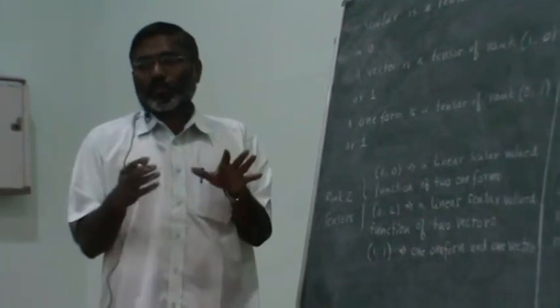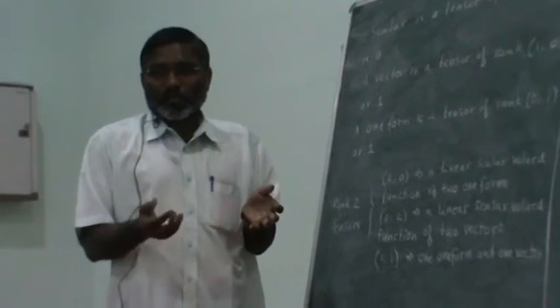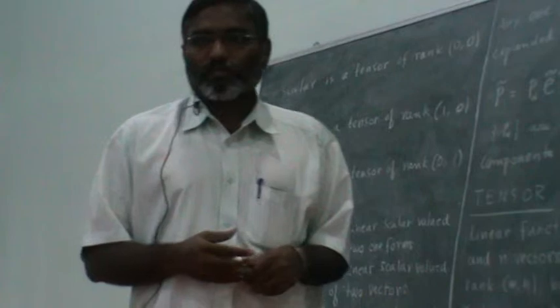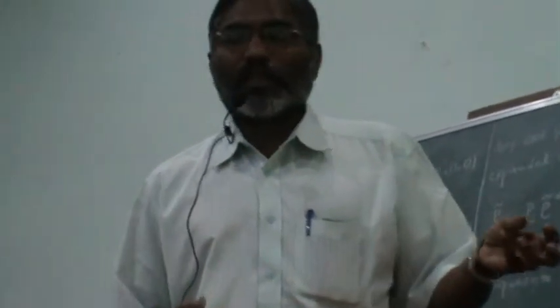So vector spaces of linear functionals or tensors of a given rank will be isomorphic, independent of whether we are sending one form, one form, or one vector, two vectors, two one forms. It is easy to understand if you don't differentiate between vectors and one forms. But even if you differentiate between vectors and one forms, which is true in some curved geometries, there is an isomorphism. So you have the three things.